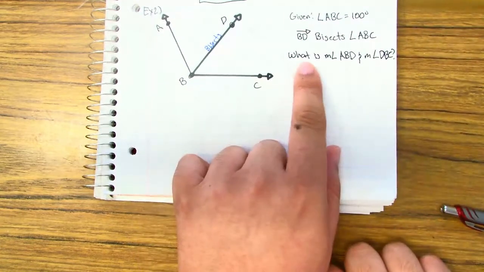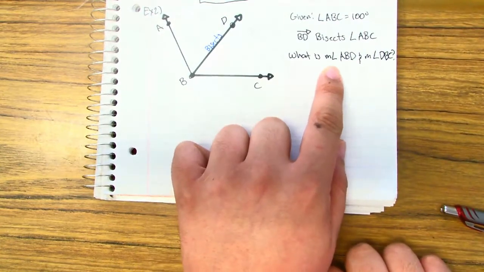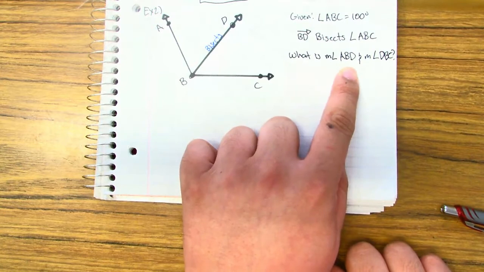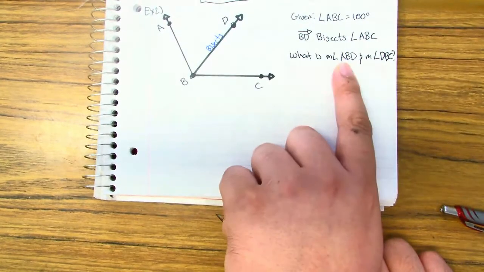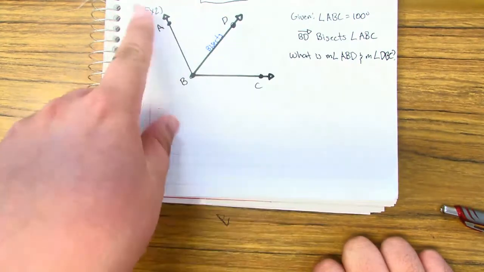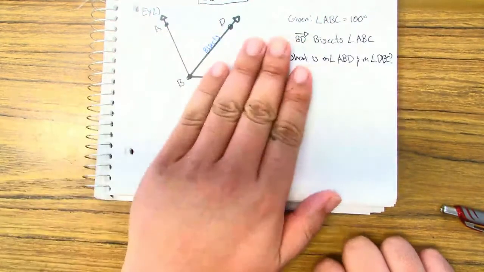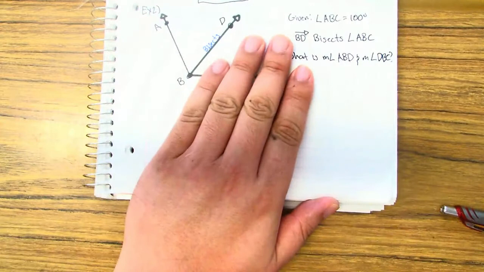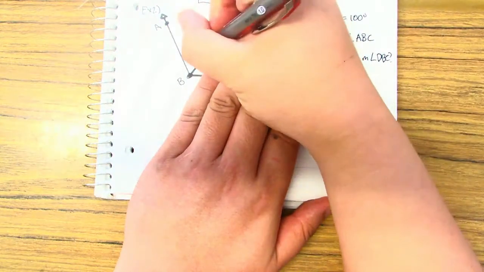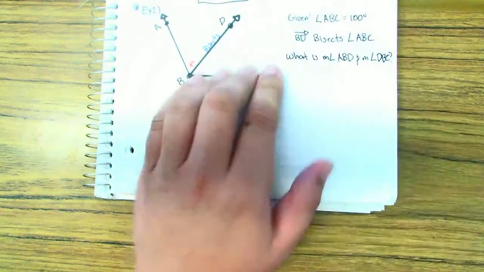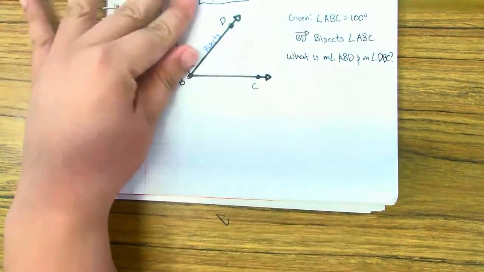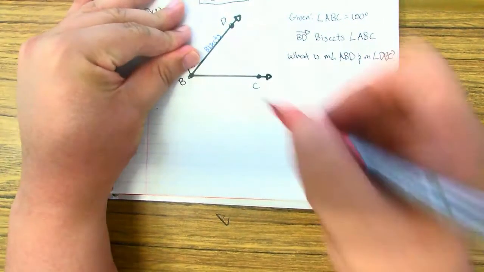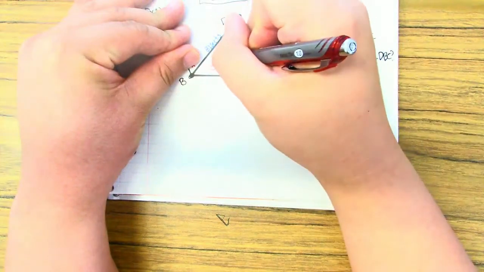Now it's asking what is the measurement of angle ABD and angle DBC. Let's find out what ABD is. ABD is this, so I'm going to put an x for that. And then I'm going to find the value of DBC. DBC is asking about this angle here. I'm going to put a y for that.